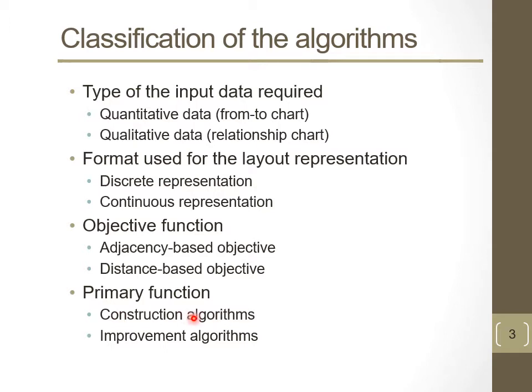Are they construction algorithms, so that they start from scratch and at the end develop a feasible layout, or do they start with an initial layout and make a re-layout, improving this initial layout? So these four are the main criteria for classifying the algorithms.